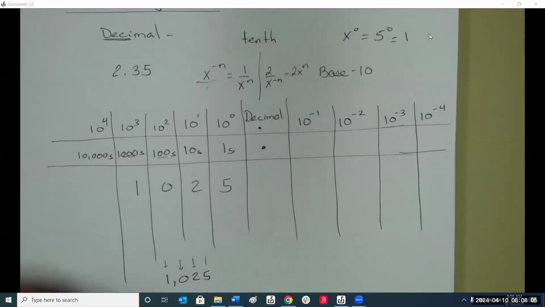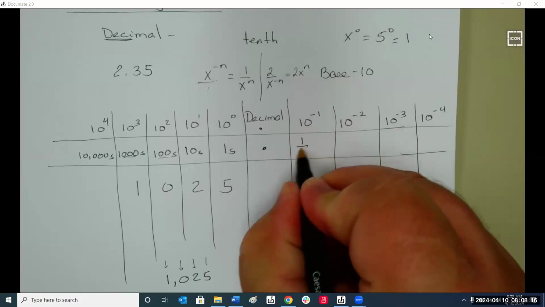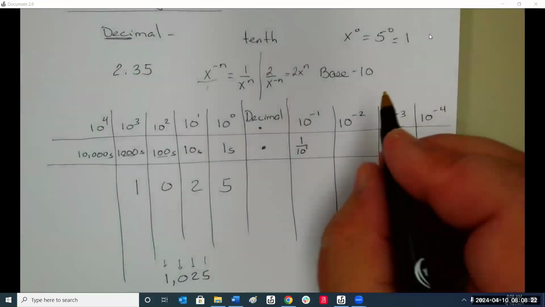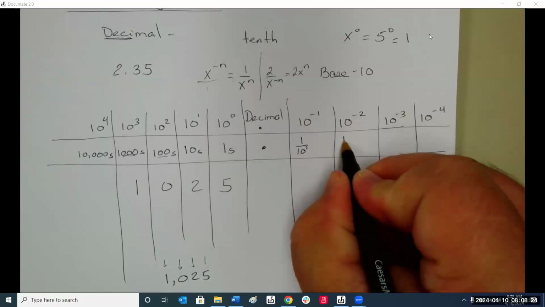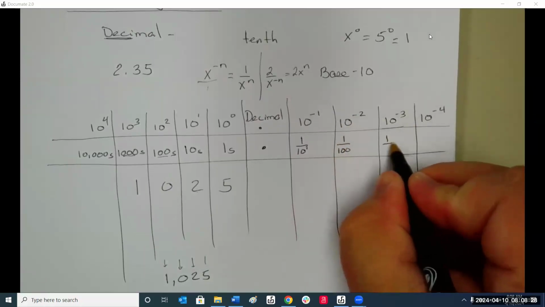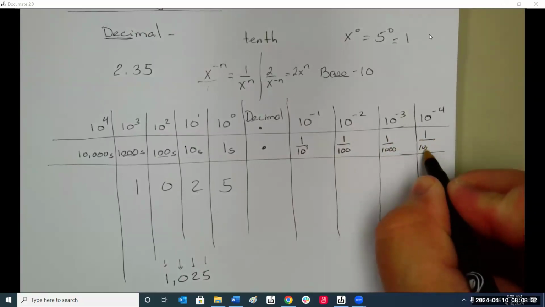The negative exponent does not make the number negative, it just makes it a fraction. So 10 to the power negative 1 is the same thing as 1 over 10 to the first, 1/10. Next one is 1 over 100, 1 over 1,000, and 1 over 10,000.